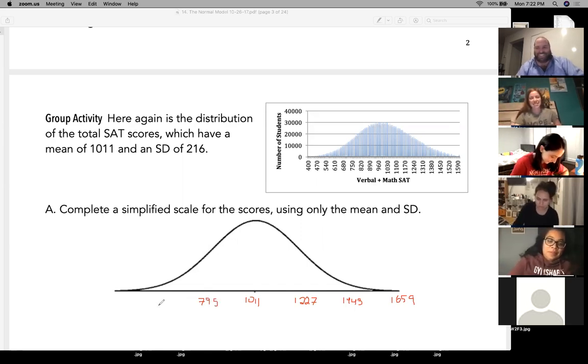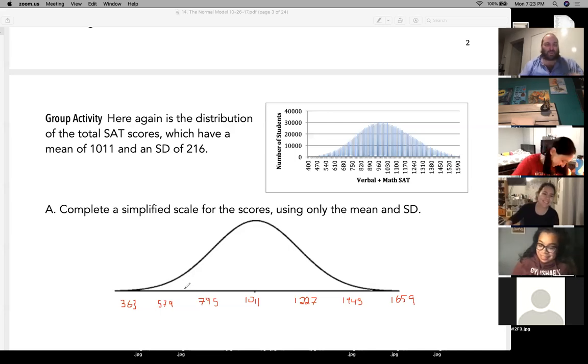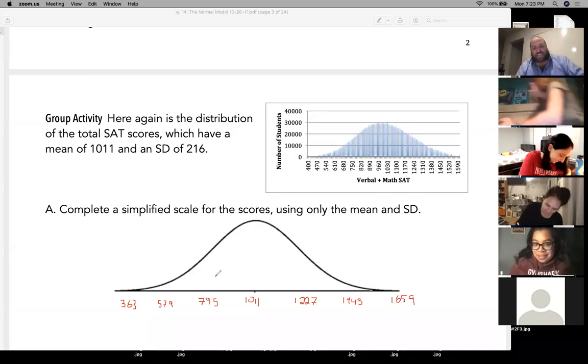And if I go one more, 579. And if I go one more, 363. Ooh, look at you jumping ahead. Okay, so this is a scale for the scores.